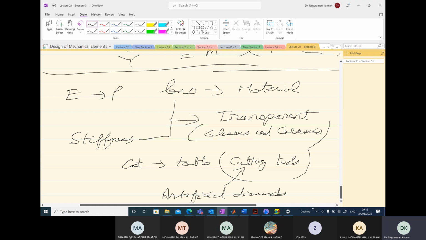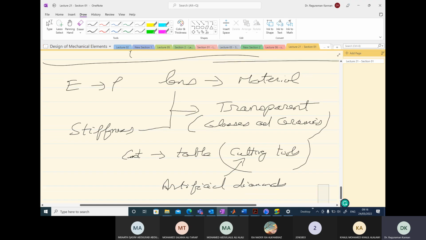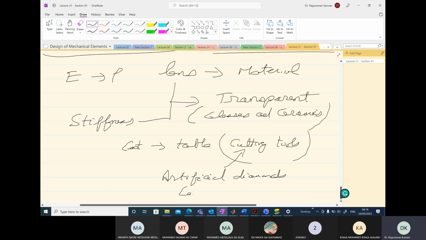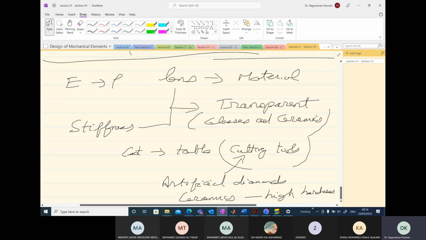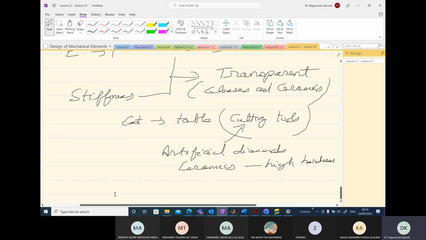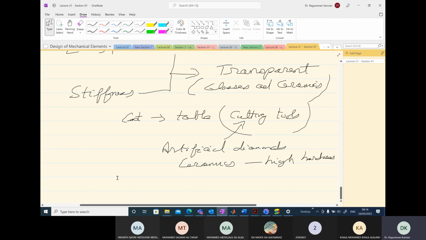Besides that, we know ceramics have very high strength, very high hardness. So we can choose high hardness materials. Although it is not as hard as diamond, still we will be able to use some of the ceramics.